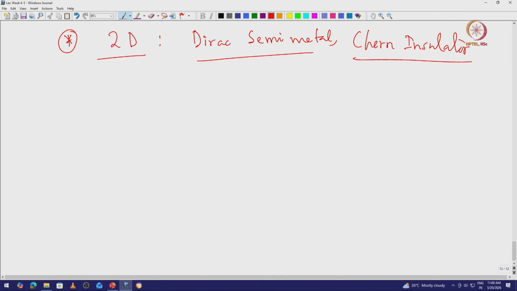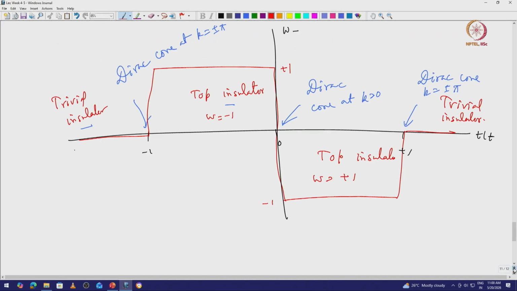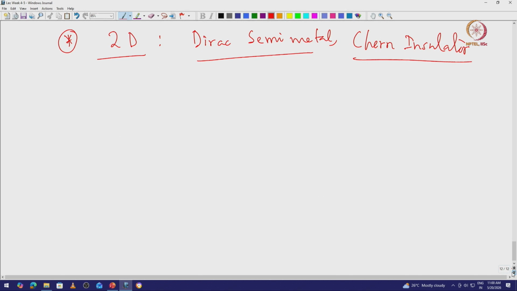Okay. And we already talked about these two phases, Dirac cone and Dirac semi-metal and topological insulator. For 2D, instead of winding number we have a Chern number. So, that is why they are called Chern insulators.